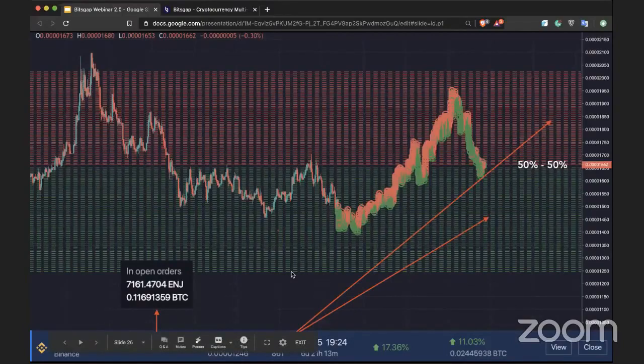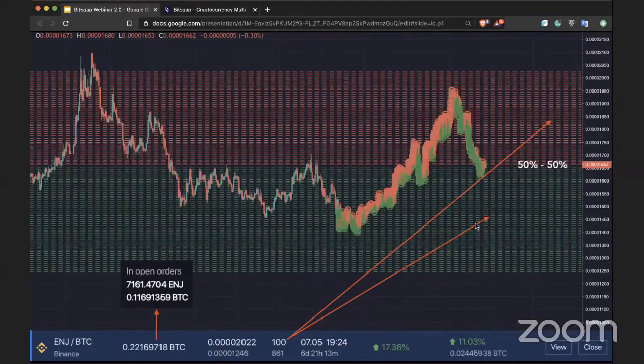And currently, I'm in a situation where I have an equal proportionate distribution of my assets, so that I have 0.11 BTC in buy limit orders, and out of my total investment, which is 0.22, I have the other 50% in sell limit orders. So that means I have pretty much proportionate and equal market participation. So I am seizing enough of the market swings to profit on it.